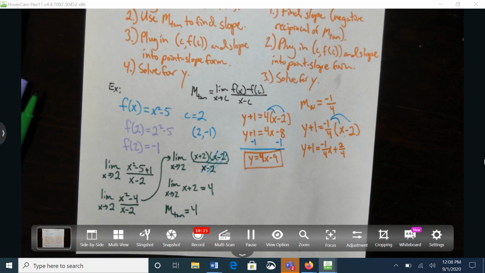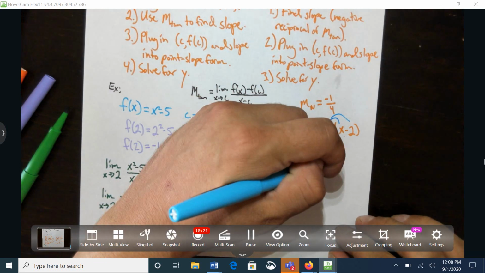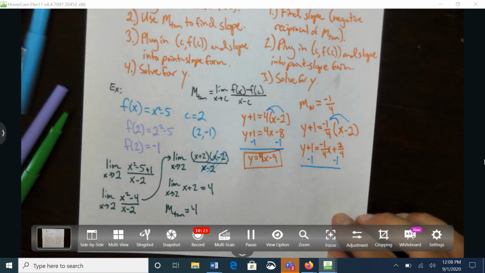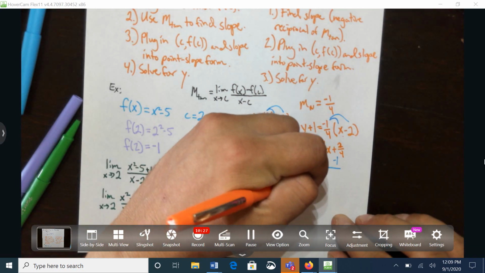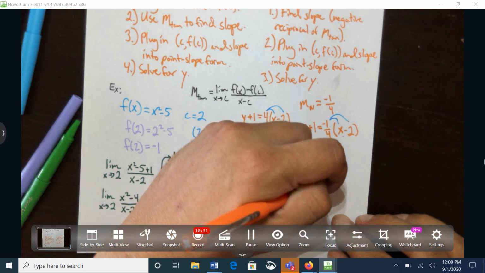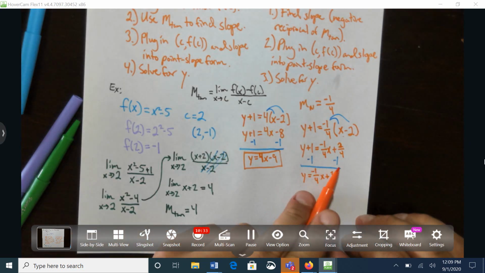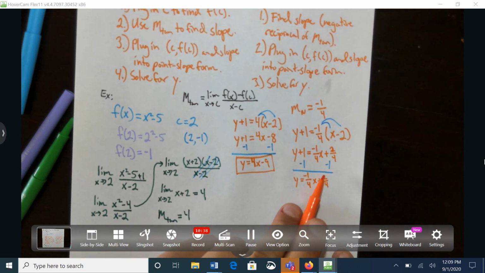And then now I need to move this 1 over. So I'm going to subtract 1 from both sides. But remember, we can only add or subtract numbers that have common denominators. So I'm going to rewrite this 1 in terms of fourths, because fourths is what we're interested in combining with.